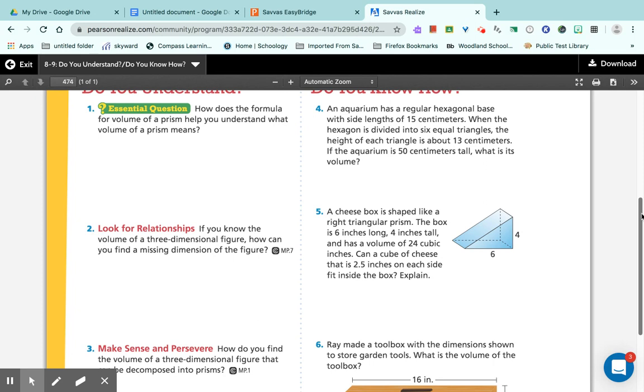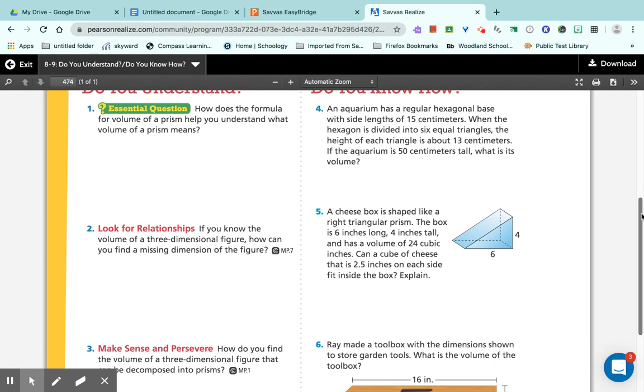All right, number 4. An aquarium has a regular hexagonal base with side lengths of 15 centimeters. When the hexagon is divided into 6 equal triangles, the height of each triangle is about 13 centimeters. If the aquarium is 50 centimeters tall, what is its volume?